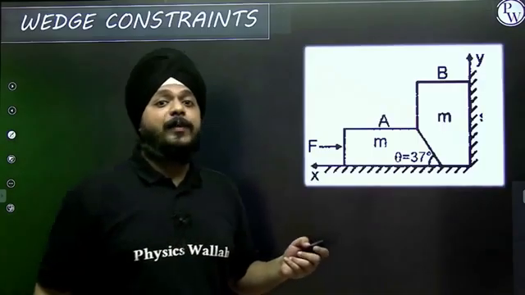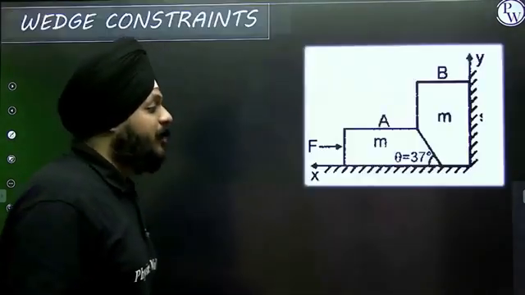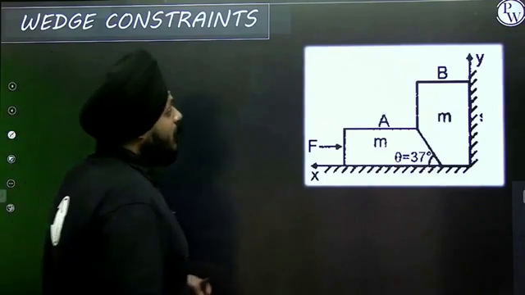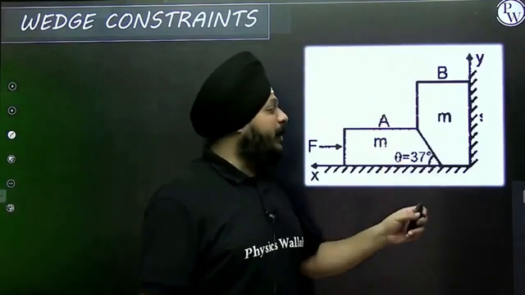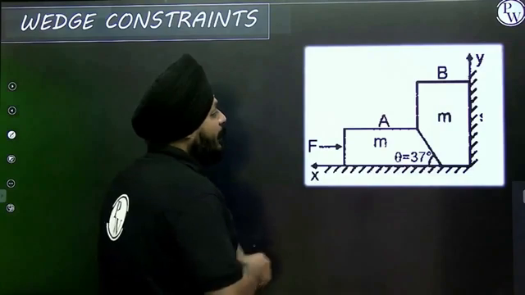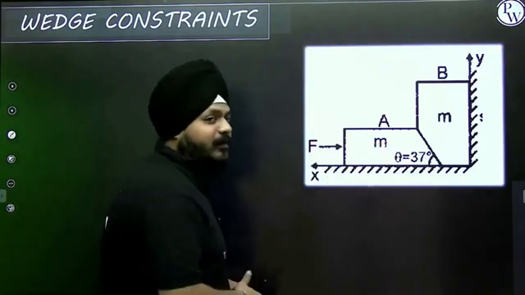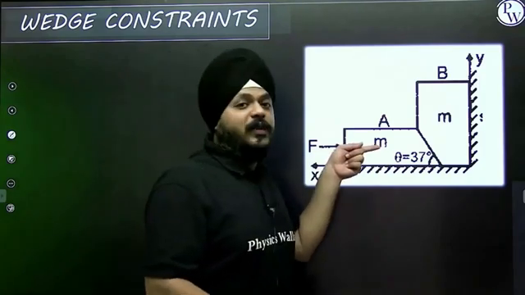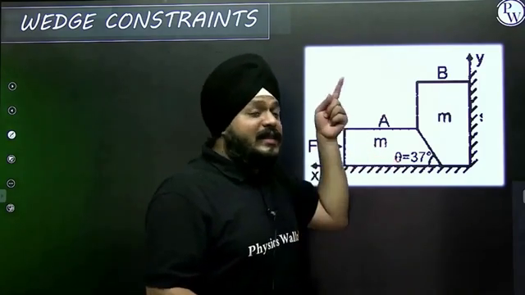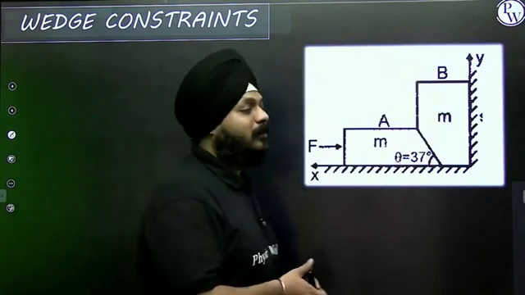The same thing happens in the concept of the wedge constraint. Let us take a very simple example. Suppose this wedge is given a force towards the right side. Then this block has to move up.